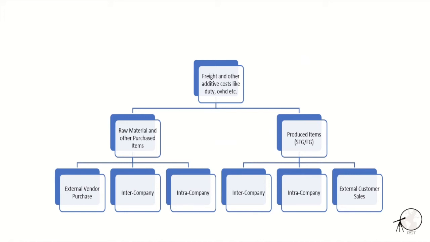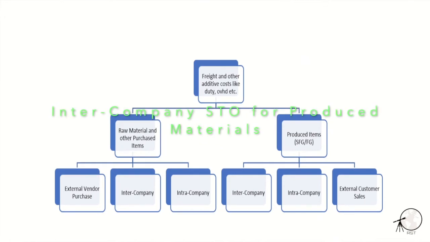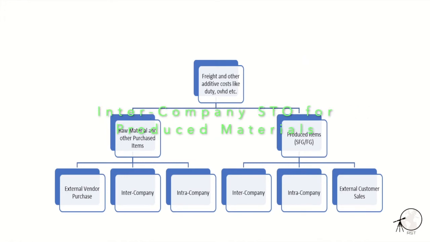It's the same as the raw material process. So we are going to skip to the next process, that is the intercompany scenario for produced items. The intercompany process is also the same as the purchased items as far as the standard cost is concerned. But for actual, it is completely different, and we will discuss it later.